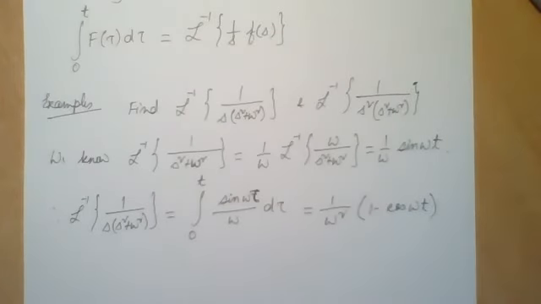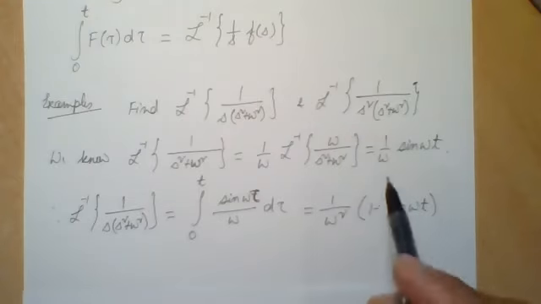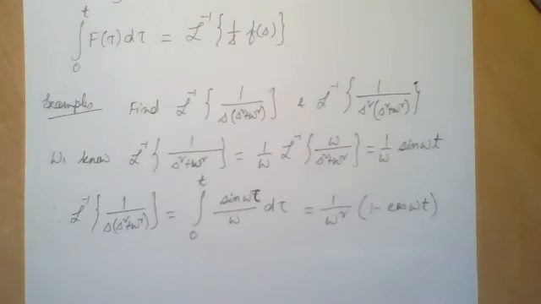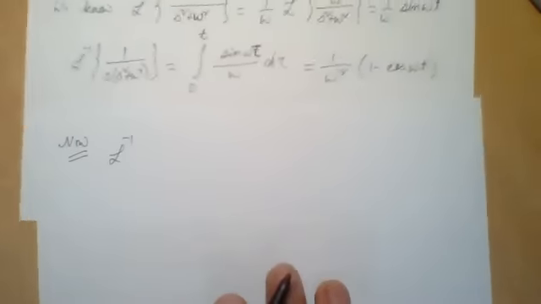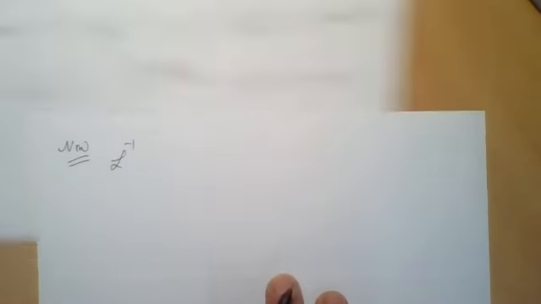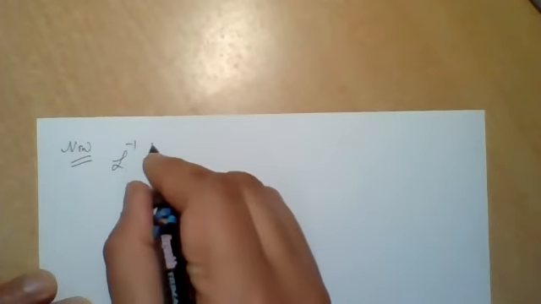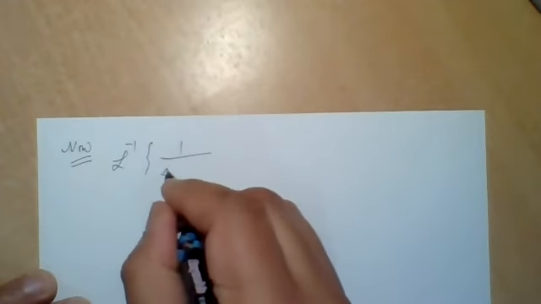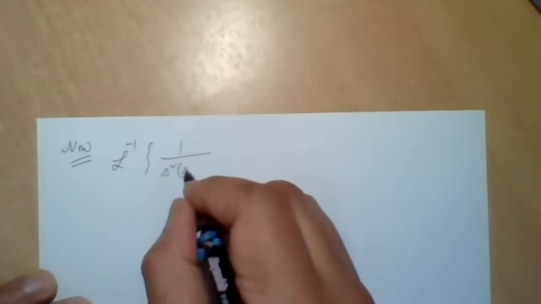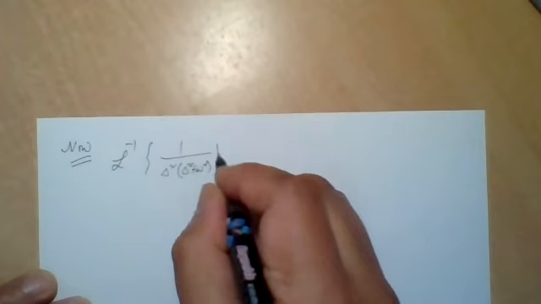Okay. Now let me take another sheet of paper. Let us calculate the second part. Now the inverse Laplace transform of 1 by s squared plus omega squared.